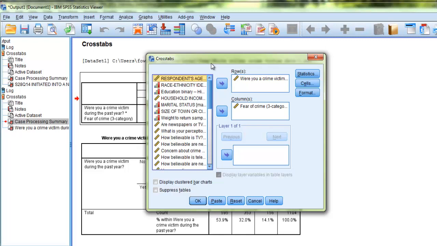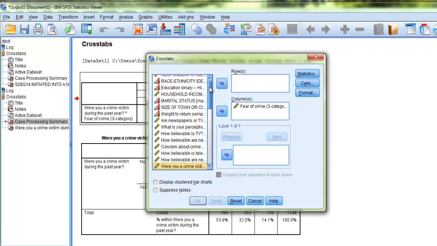And let's propose a one-tailed or directional hypothesis. And let's say women are more fearful of crime than men. So we have our fear of crime already in the column, so that's where we'll leave it. And we'll just replace the victim variable with a gender variable.